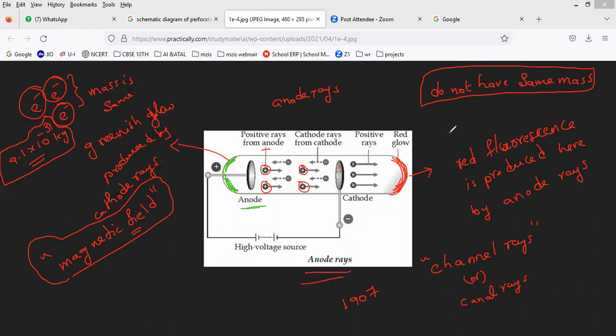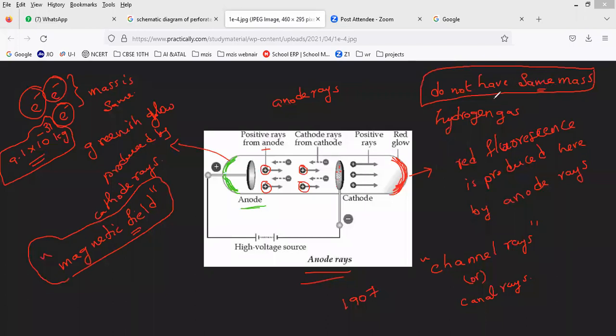If I pass hydrogen gas inside this tube, the smallest positive particles come, the very lightest ones.